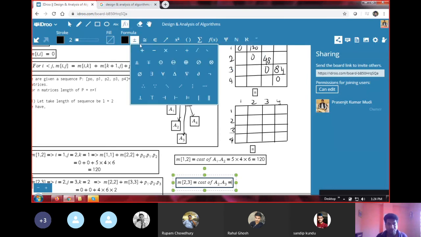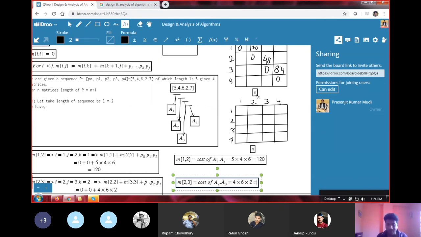Okay, so 4 multiplied by 6 multiplied by 2, and that is equal to 48.